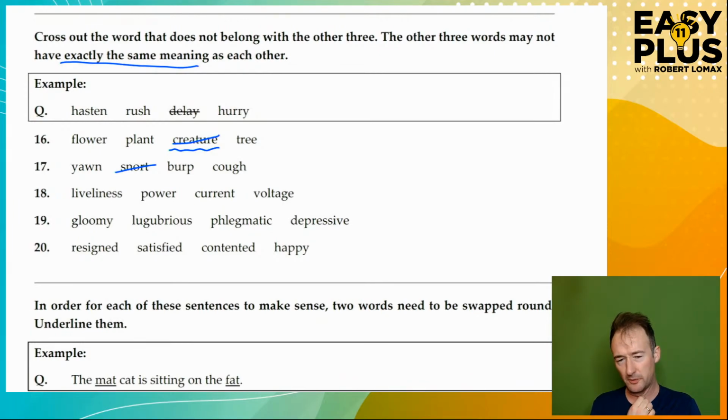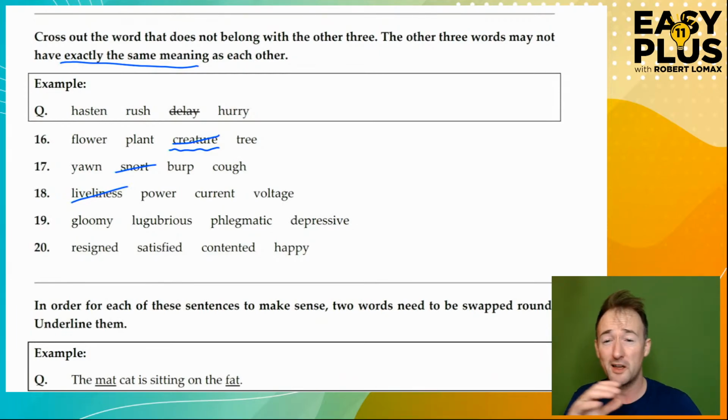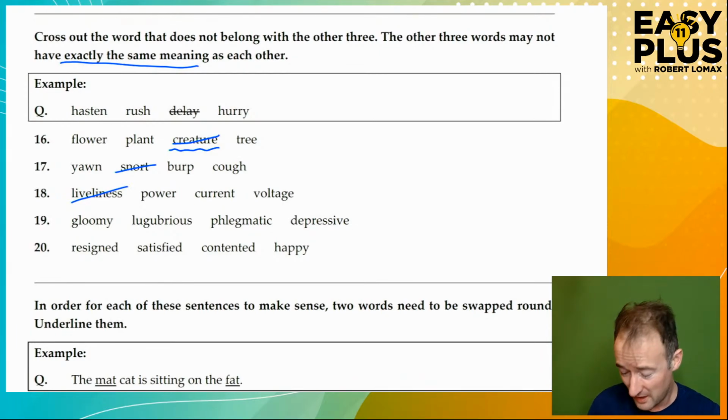Liveliness, that isn't to do with electricity. A wire can be live, but you don't say it's got liveliness. Current, that's an electricity term, so is power. Three of these terms can be used to do with electricity, whereas liveliness can't. Okay, so look for clues in the set of words and play with them. Experiment, trying to find different ways that they might hang together. And there we have it.